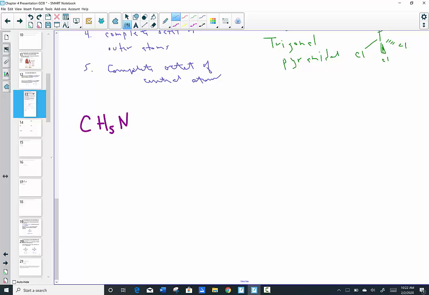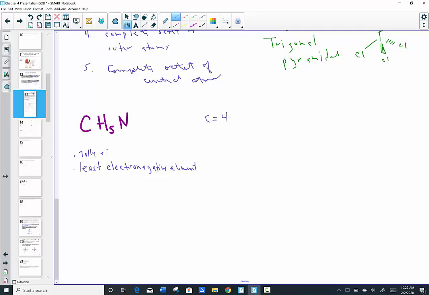This time when I select the central atom, the least electronegative element, the furthest from fluorine, we have to think about who's going to be the central atom. And I know I have to tally the electrons. Carbon lives in group 4A.